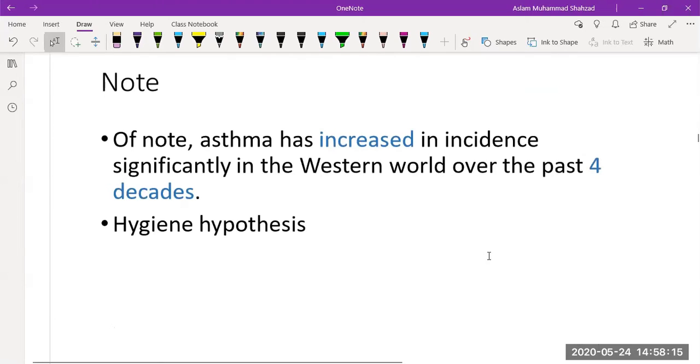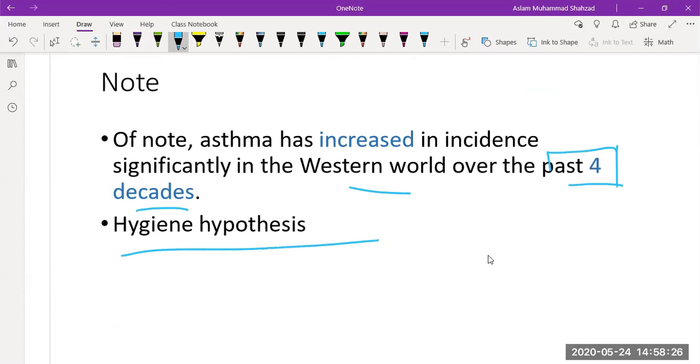Note, asthma has increased significantly in incidence in the Western world over the past 4 decades. The reason behind this is the hygiene hypothesis: we want to clean ourselves so much that we are not exposed to the bacteria or viruses that surround us.